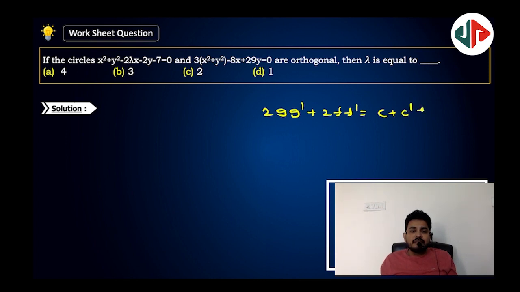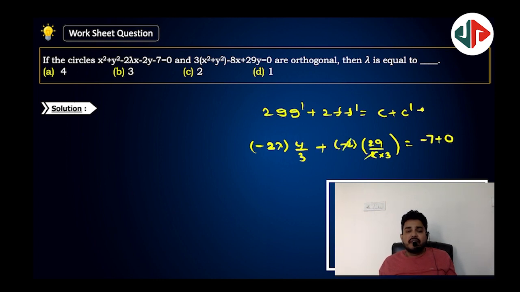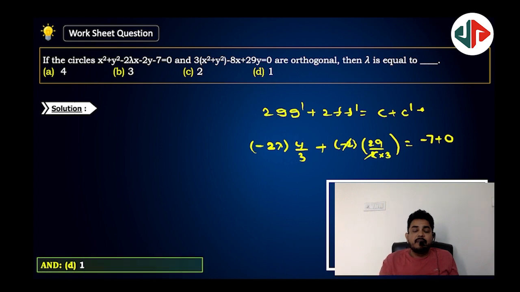So 2g minus 2 lambda into g dash is 4 by 3 plus 2f minus 2 f dash here, 29 by 2 into 3 is equal to c minus 7 plus c dash is c. You solve for this. You are going to get the lambda value as 1. Okay? Lambda value as 1.